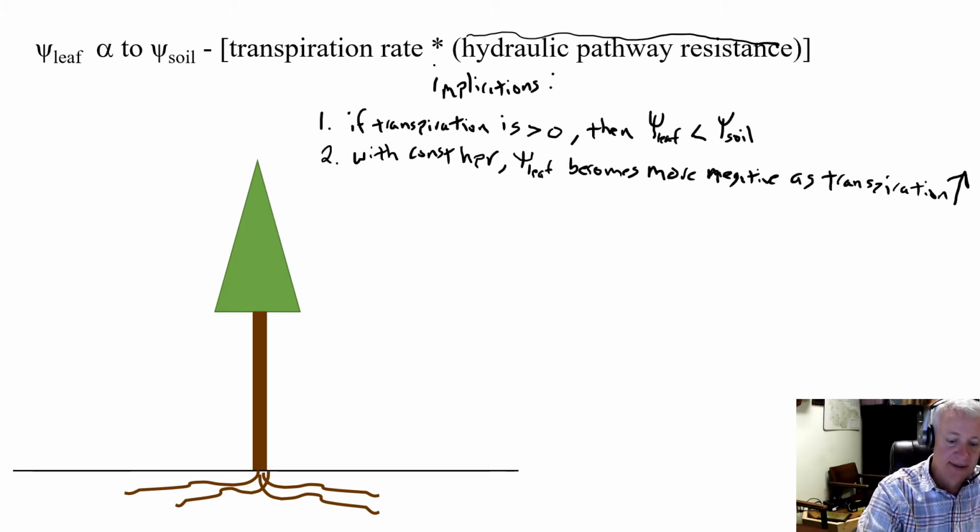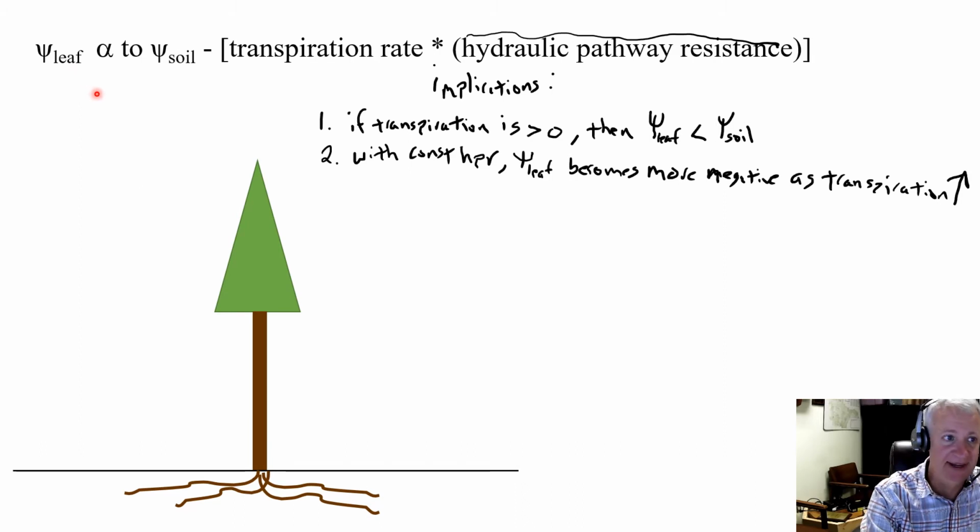So if hydraulic path resistance stays constant, so basically we don't need to worry about any changes in this, as transpiration rate increases, as this number becomes larger, leaf water potential becomes more negative.